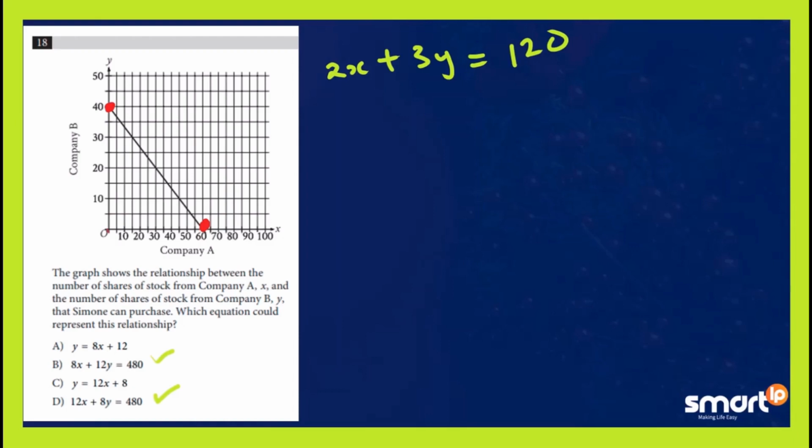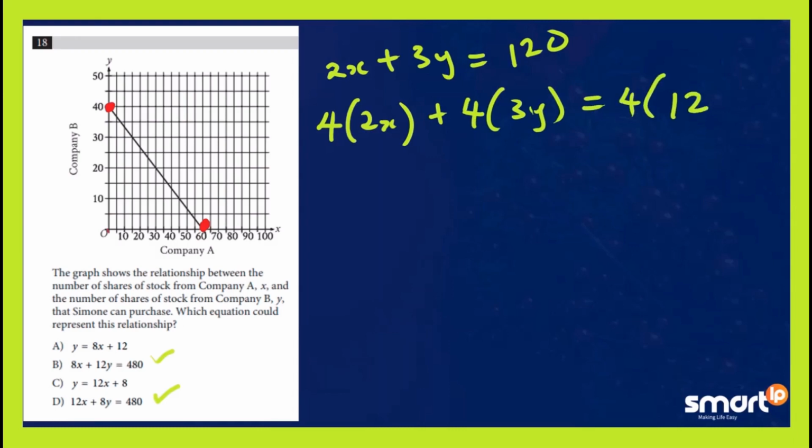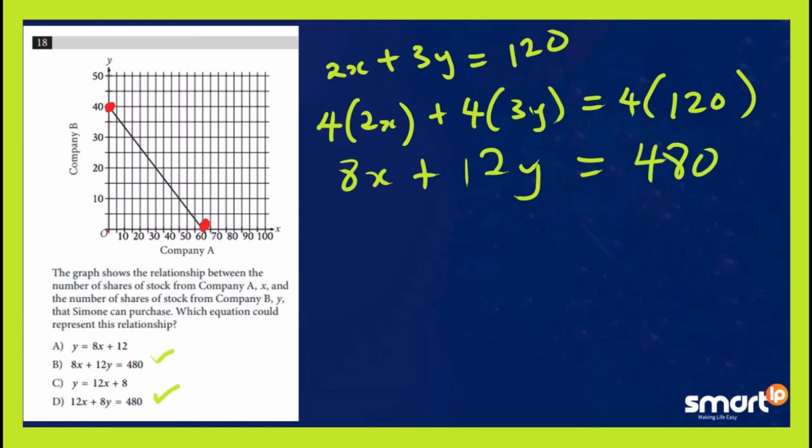Okay, so let's look at it. If we multiply through by 4, that means we have 4 times 2x, and then we do the same thing to y. We're multiplying through by 4, 4 times 3y. We do the same thing to this, 4 times 120. Okay, so this will give us 8x plus 12y equals 480.